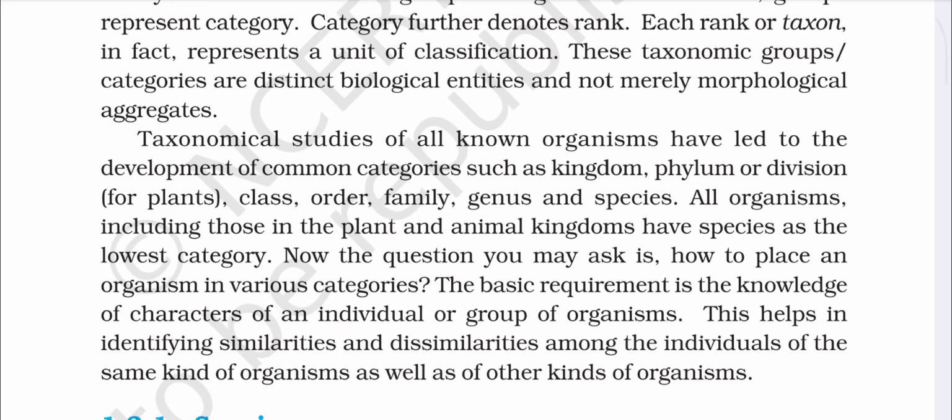Now, the question you may ask is how to place an organism in various categories. The basic requirement is the knowledge of characters of an individual or group of organisms. This helps in identifying similarities and dissimilarities among the individuals of the same kind of organisms as well as of other kinds of organisms.